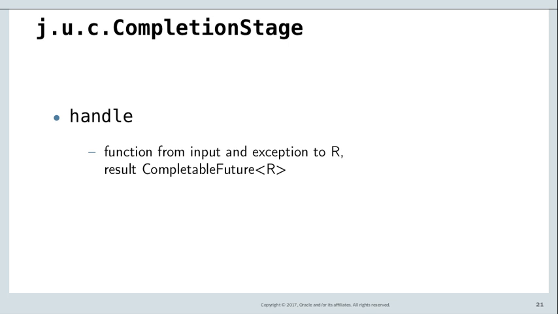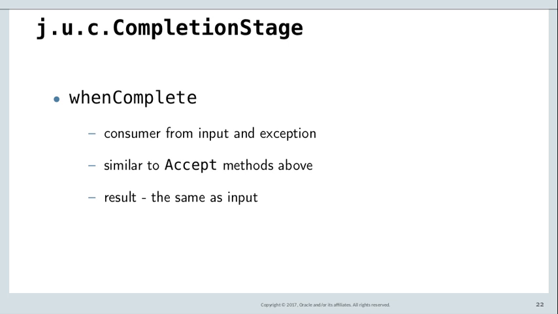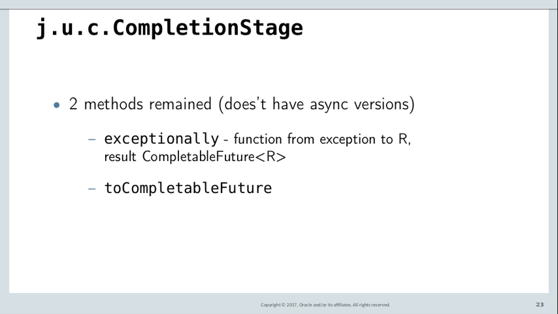Each CompletableFuture can be completed in two ways: normal completion and exceptional, some kind of exception which also propagates through all chains. whenComplete is like the accept method, when we take the result of the previous CompletableFuture and we don't want to produce any kind of result, but whenComplete again takes both kinds of inputs, normal completion and exceptional completion.